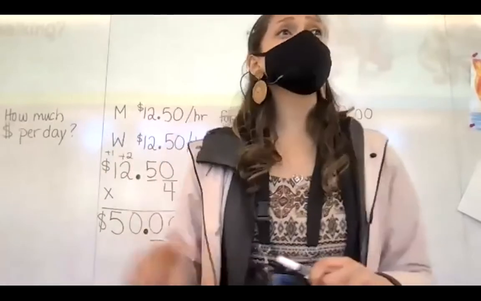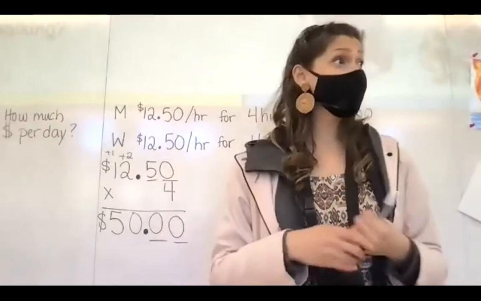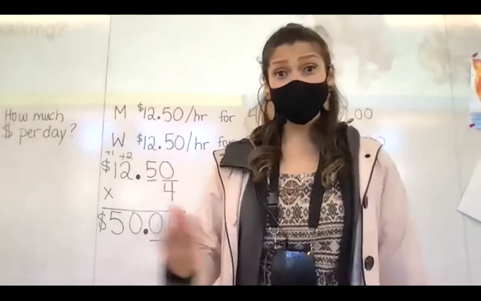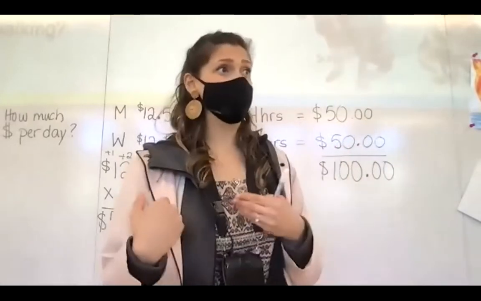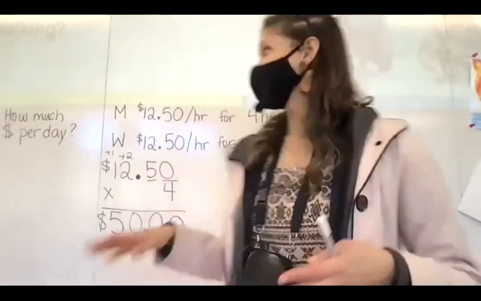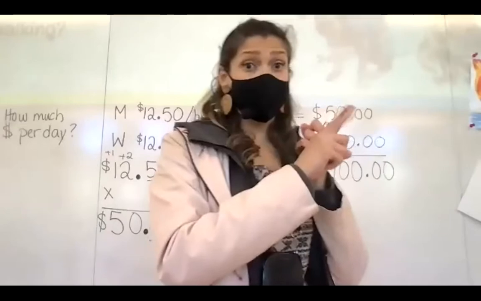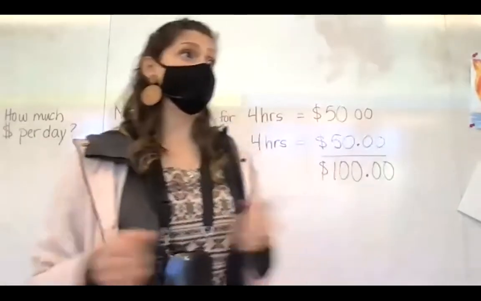Alrighty, so you see that when you're taking a multiple step problem, you're going to have more than one operation. You're going to have to find your hidden question. What did they not explicitly ask me in the question that I need to solve? In this case, the first thing I needed to solve, I had to figure out how many hours a day. From 12 to 4, okay, I knew that was 4 hours.